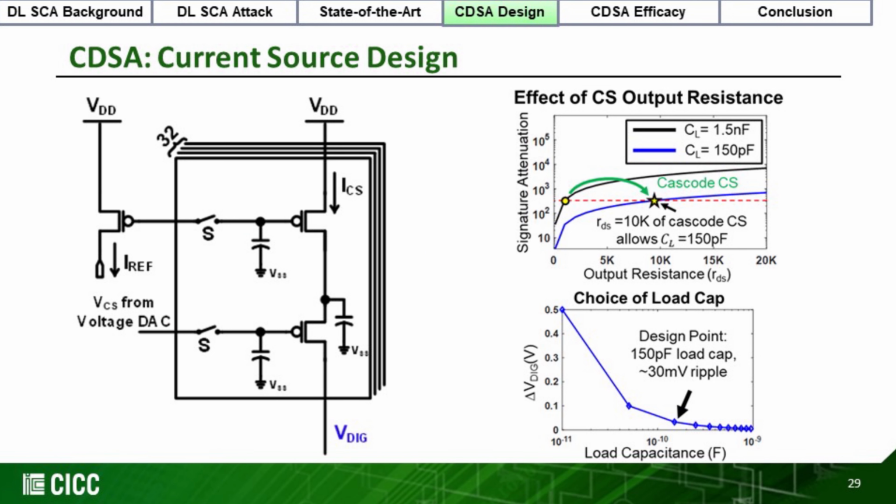Hence, we use a cascode current source which provides a very high output impedance and allows a 10x lower load capacitance. So, we choose to tolerate the 30 to 50 millivolts fluctuation at the VDIG node across the load capacitor, and the high output impedance of the current source ensures that the signature is not reflected to the supply current.